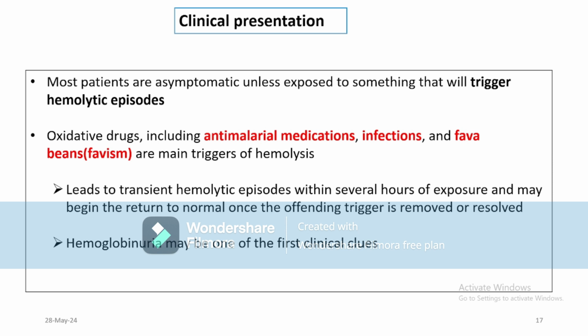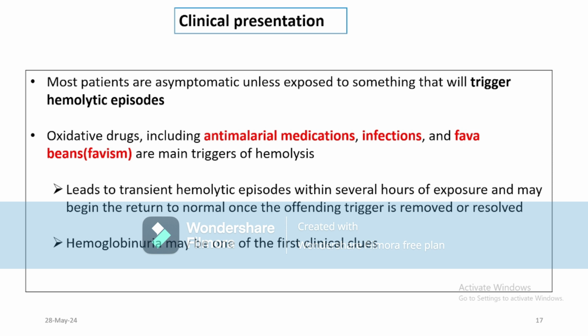But once you are exposed to something that will trigger a hemolytic episode, remember I told you that reactive oxygen species are those that cause hemolysis. So if you are G6PD deficient, there are certain drugs, food substances, even certain infections, diseases, and conditions that also trigger hemolysis when you are exposed to them.